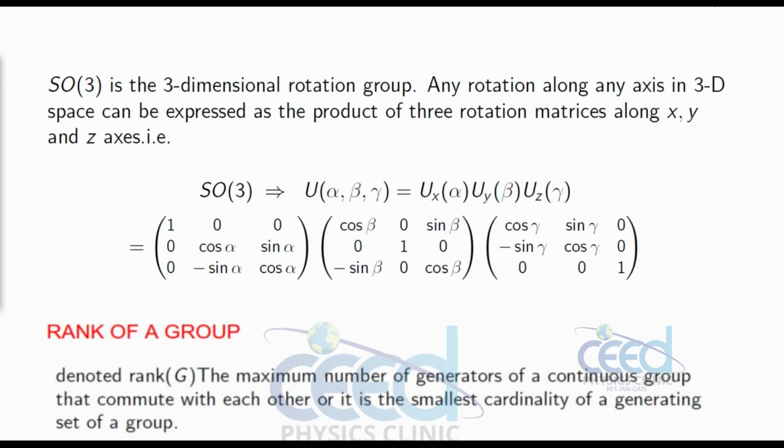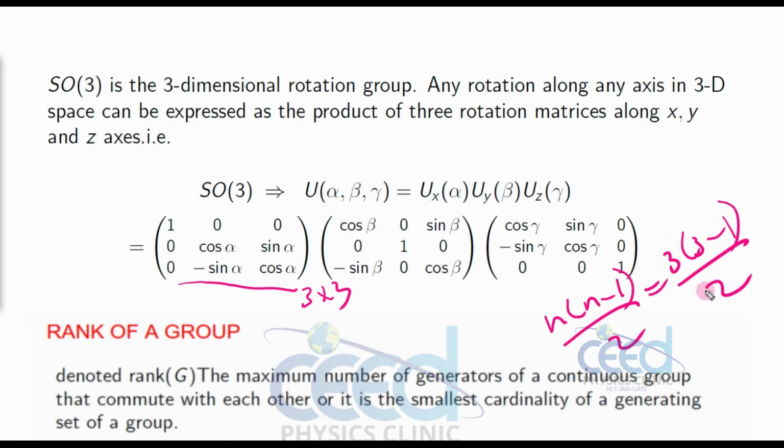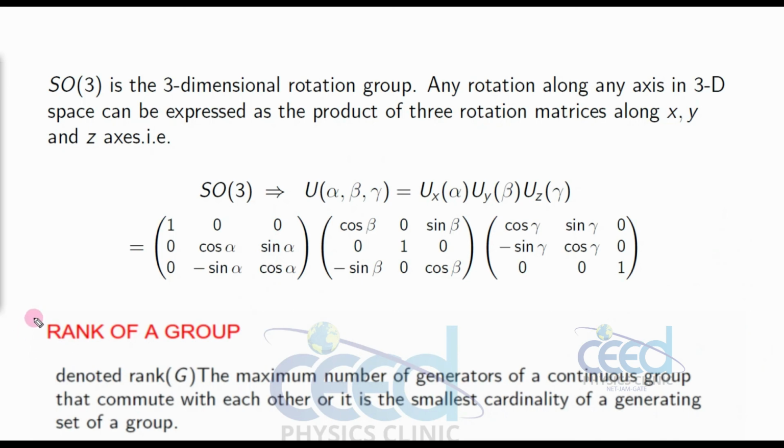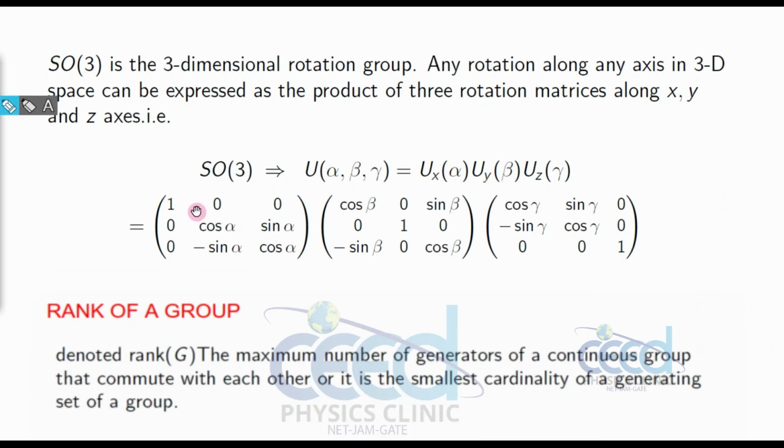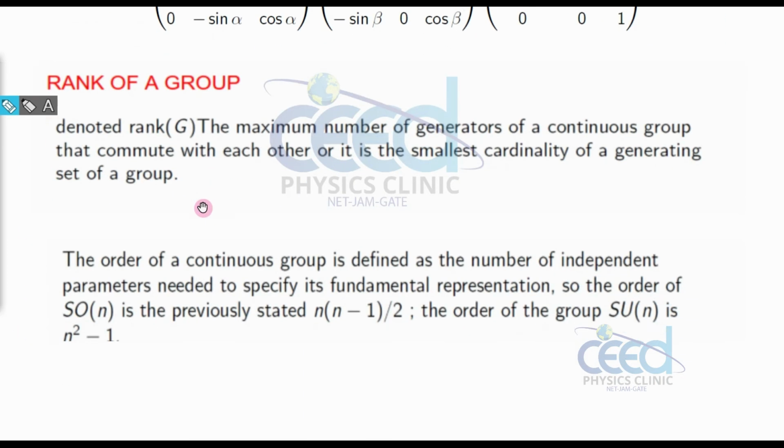The three-dimensional rotation matrix is of order 3 by 3, so n into n minus 1 by 2 is 3 into 3 minus 1 divided by 2, that is 3 into 2 by 2, equal to 3. So the number of independent generators is 3, that is alpha, beta and gamma, right? This way we can find the rank of a group.